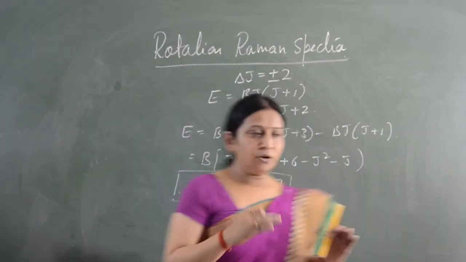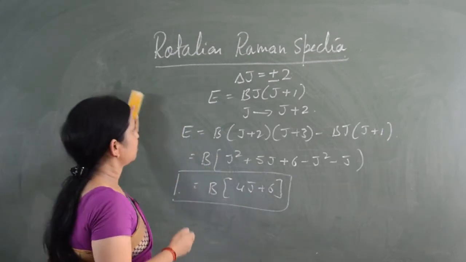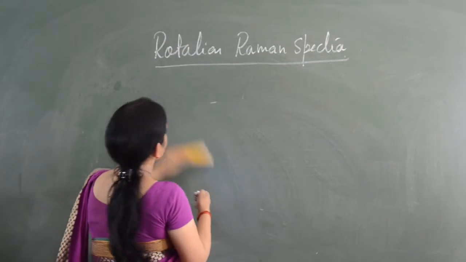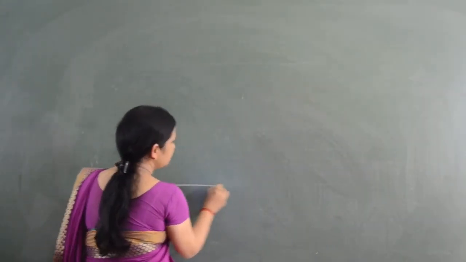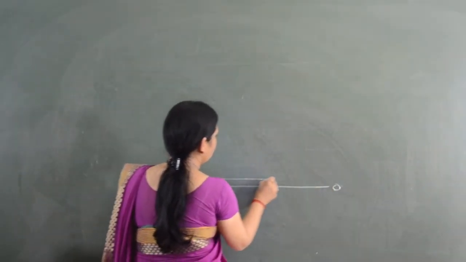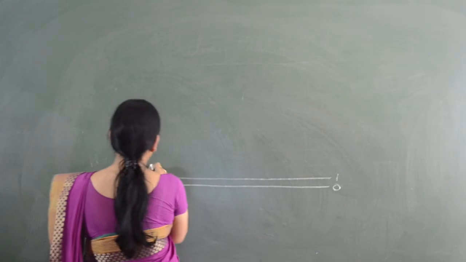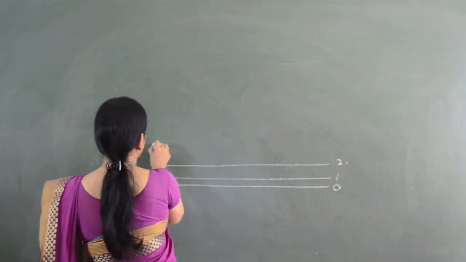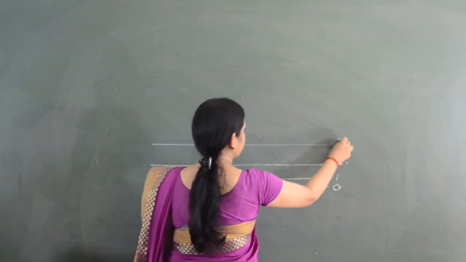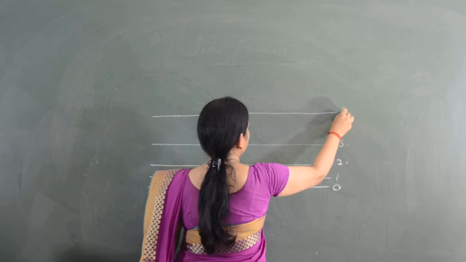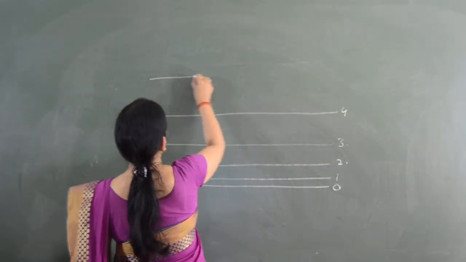Now, if we draw the rotational Raman spectra, suppose this is the lower energy level, which is 0, then 1, 2, 3, then we have the fourth energy level and the last fifth energy level.